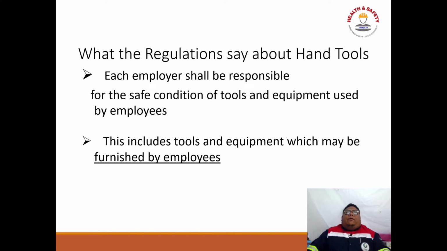Next, what do regulations say about hand tools? Based on OSHA, each employer shall be responsible for the safe condition of tools and equipment used by employees. Number two, this includes tools and equipment which may be furnished by employees.